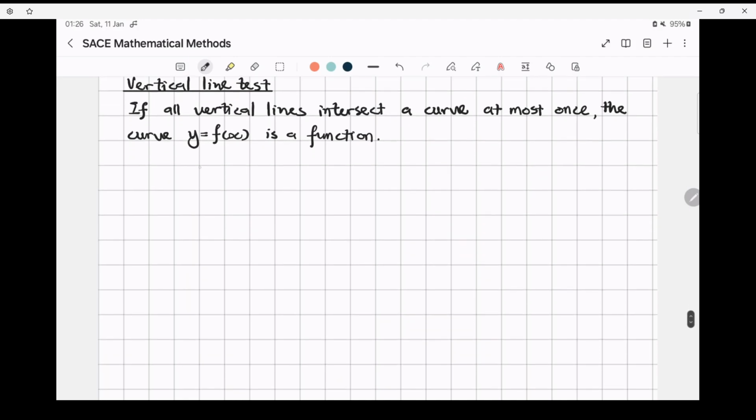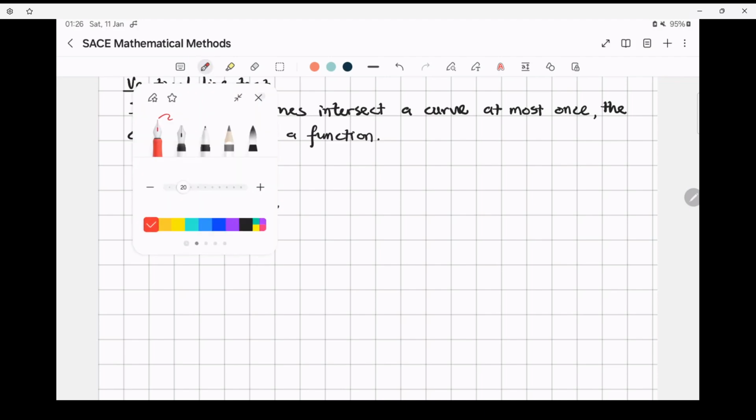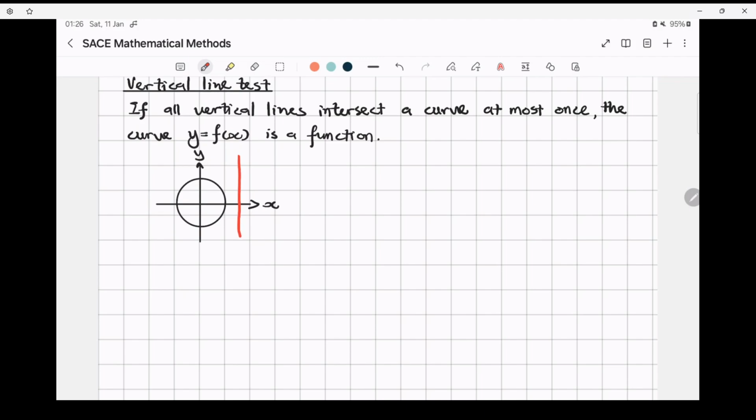So the famous example would be like this. Let's say you have a circle centered at 0. If you draw a vertical line over here, let's use red lines, obviously this does not intersect anything.